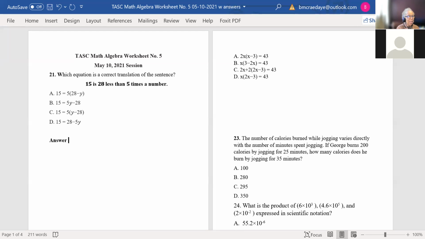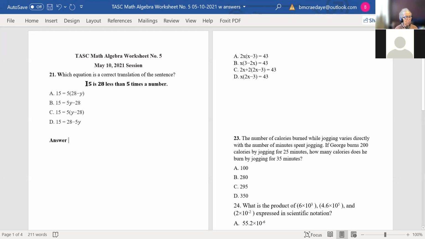15 is 28 less than 5 times a number. We did this on Thursday. 15 is 28 less. That means 28 is subtracted from 5 times a number. Times a number is multiplication, right?